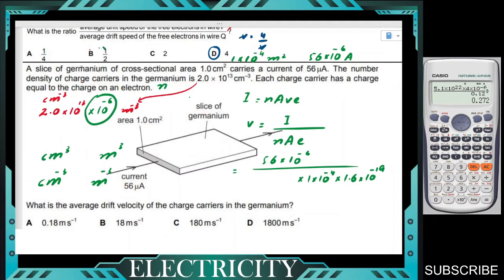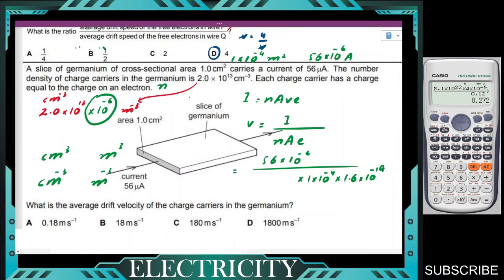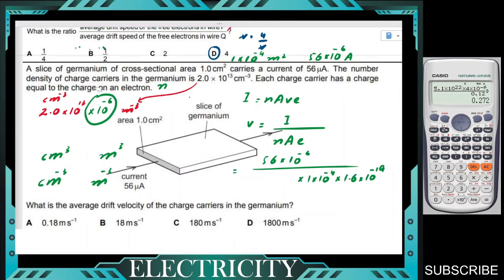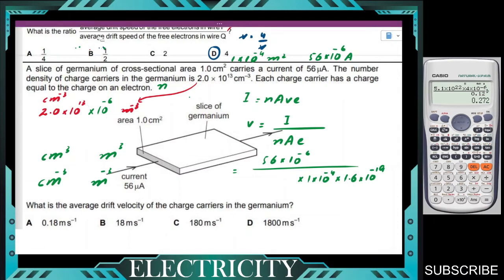Or if you want to simply multiply it, you have to write 10 raised to the power not negative 6, but plus 6. You can look at it in two different ways. If you were converting cubic centimeters to cubic meters, you would have been multiplying by 10 to the power minus 6. But since you're converting per cubic centimeters to per cubic meters, you just reverse the sign of the exponent.